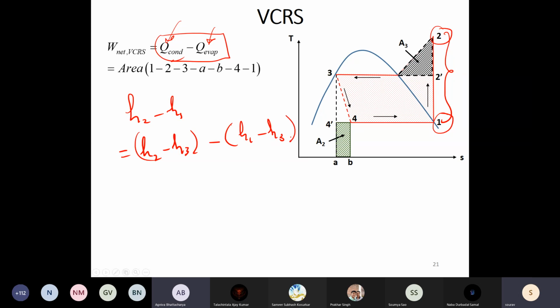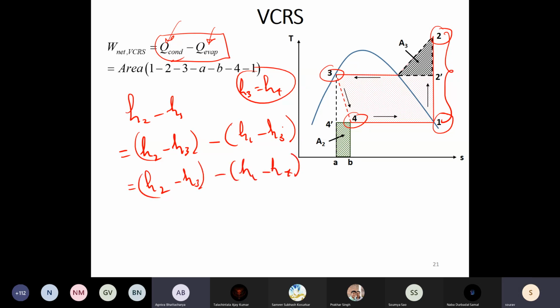These are simple modifications. Now, what is the throttling process? H3 equals H4. This is the throttling process, and hence I can replace this H3 with H4. Now this will make it quite obvious.